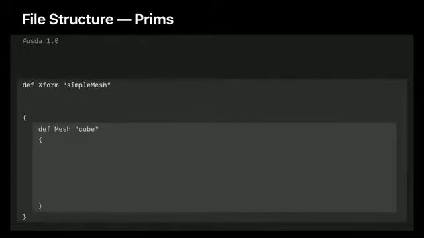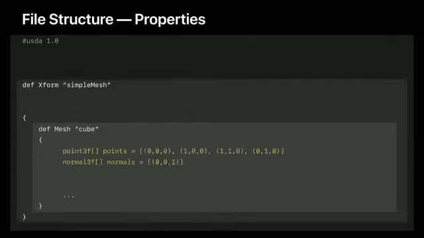So this is an excerpt of a USDA file. The first thing you'll notice is that it contains these nested containers. In USD, they are called prims. These prims contain properties that store the actual data.